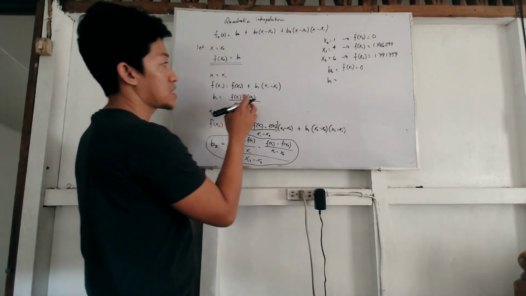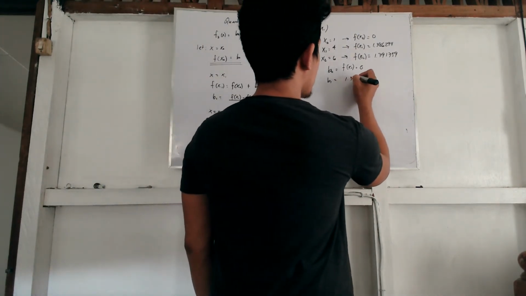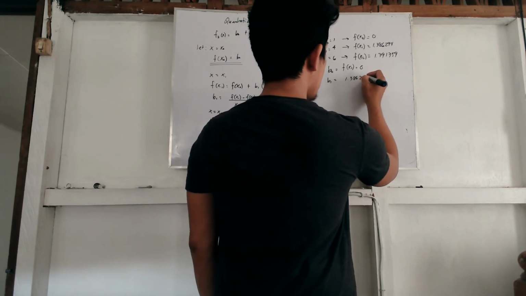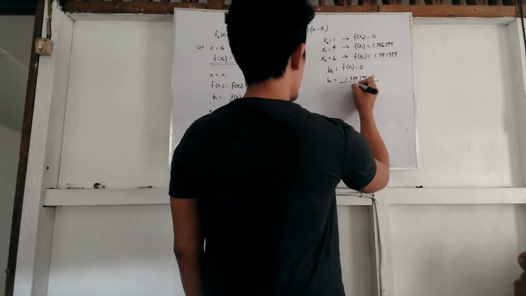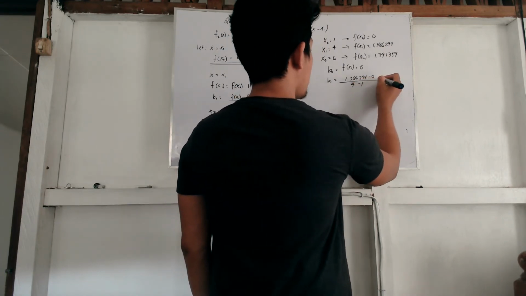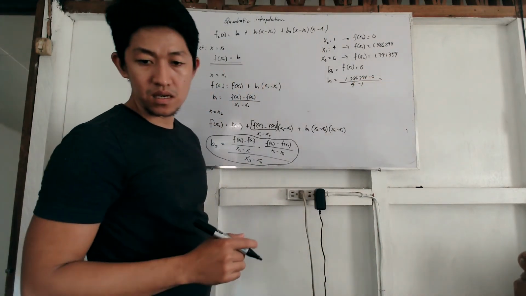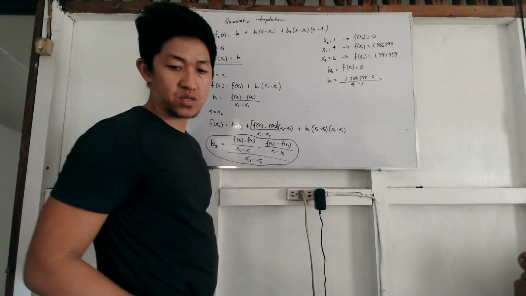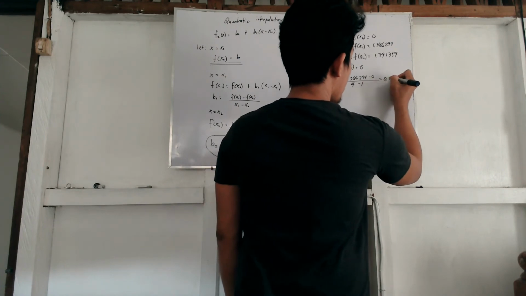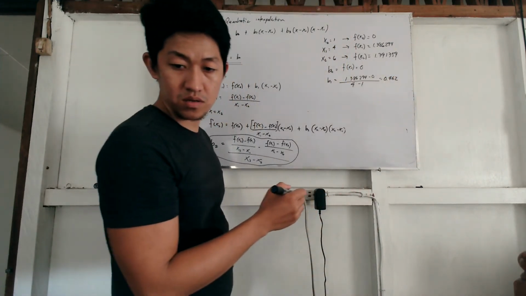Okay, now b sub 0 is f of x sub 0, which is 0, and then b1 is f of x1 minus f of x0, so you have 1.386294 minus 0 over 4 minus 1, which is equal to 0.4620981.